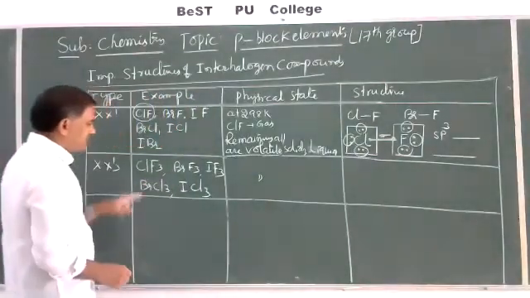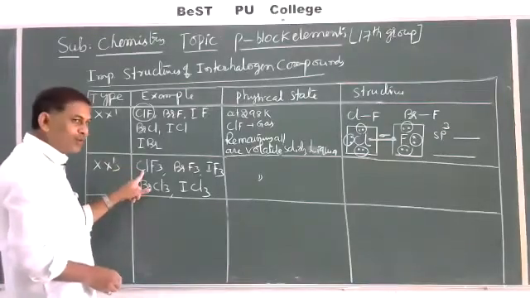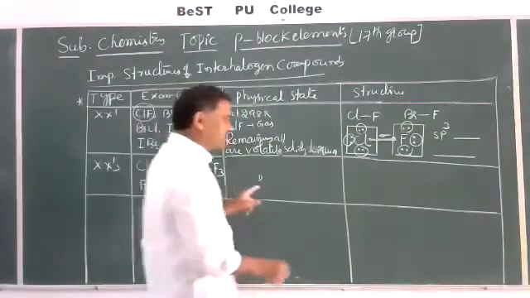In ClF3, the central atom is chlorine, the higher atomic number element.